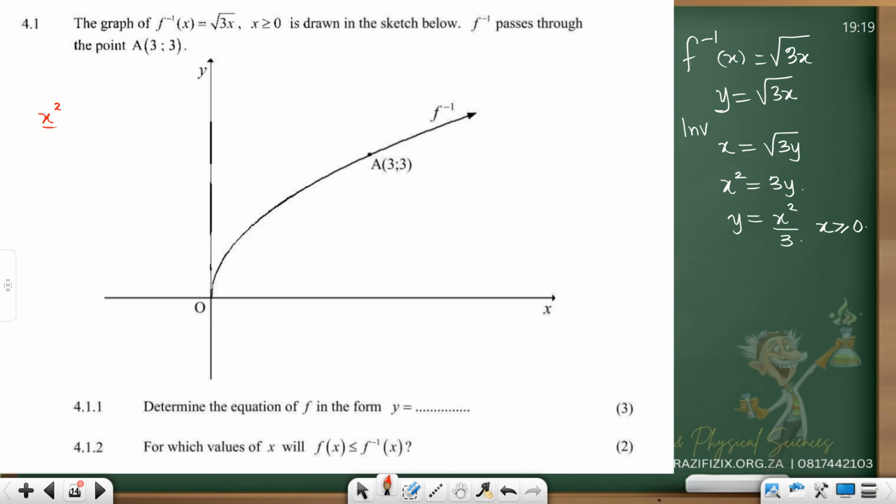Let's see if we can try algebraically. Greater than... Oh, no, less than or equal to... Oh, this is a mess. So I have to square both sides, and I'll be getting x to the power 4 over 9. Trying to run away from that.